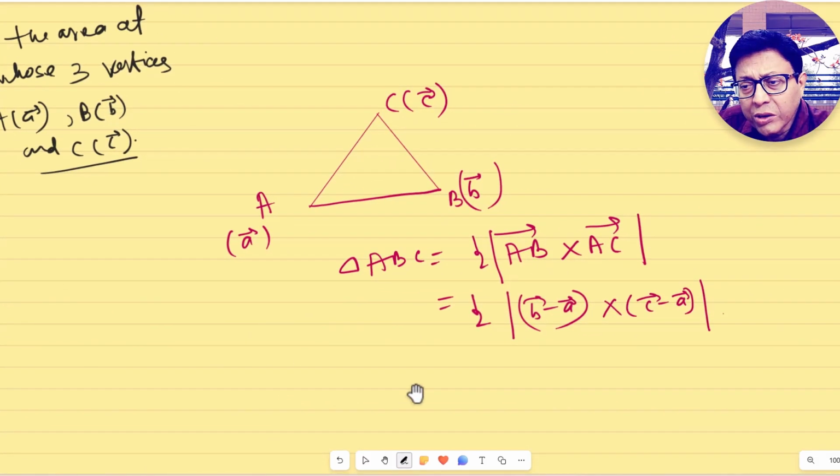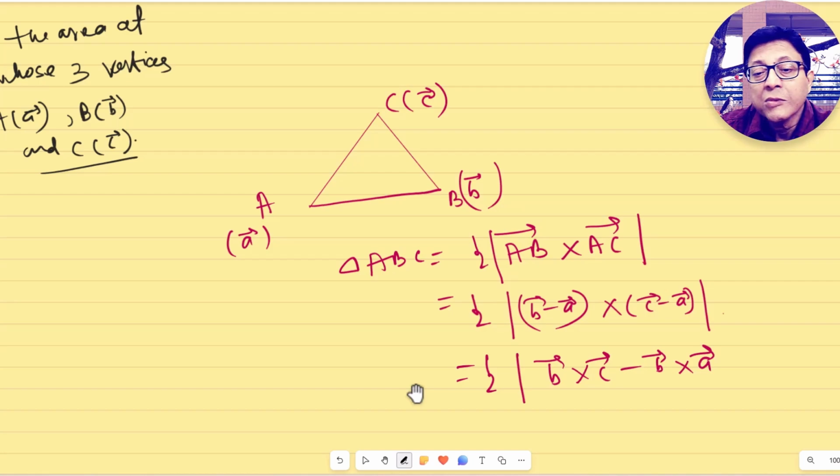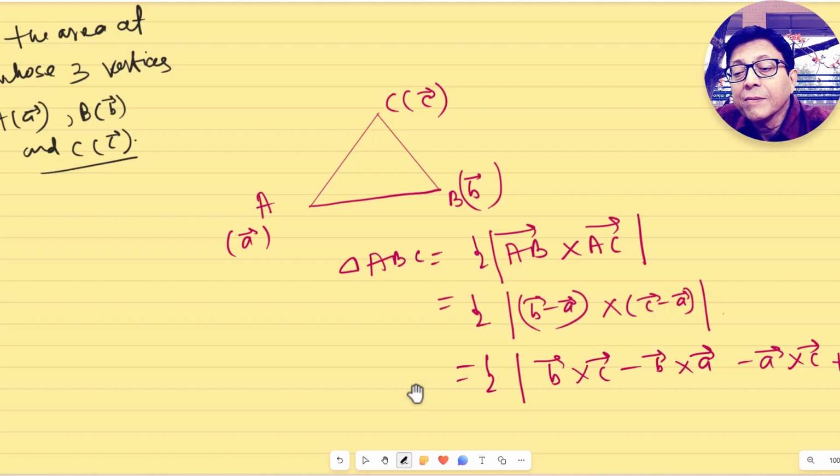You take mod, no problem. You write mod here because area normally we don't keep in terms of vector, we keep in terms of scalar. So this area is half AB cross AC. What is AB here? AB is B minus A, AC is what? C minus A.